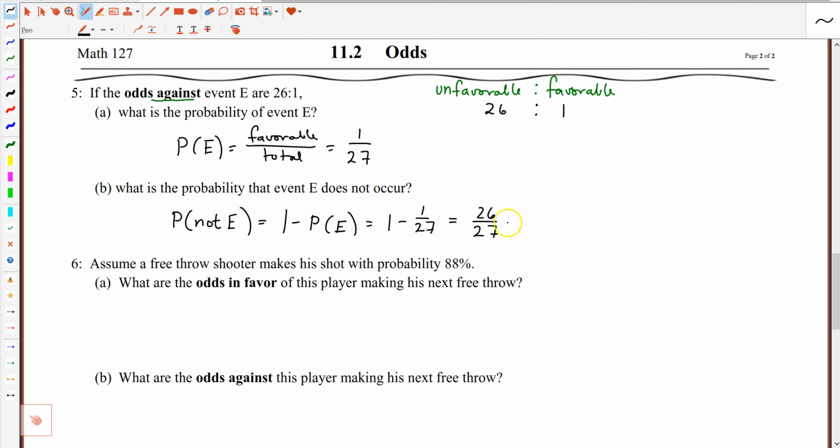But to connect it to the odds, the probability that the event does not occur would be the unfavorable outcomes to the total. So there's two different ways of thinking about it. This way connects it back to the number that we're seeing right here. This way connects it to something that we had learned in the previous section. In either case, you get the probability that the event does not occur. It would be 26/27.